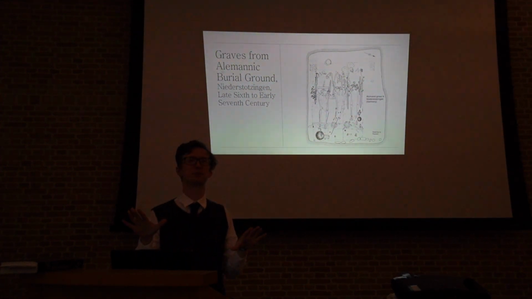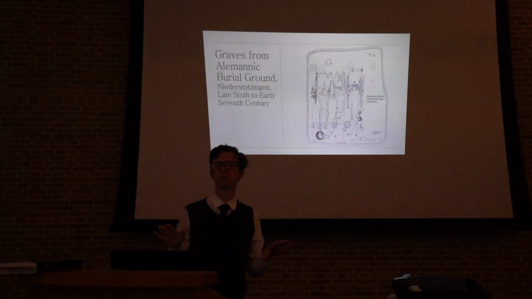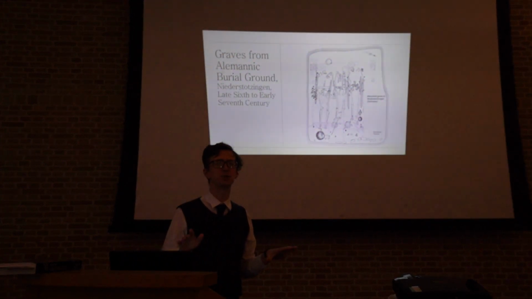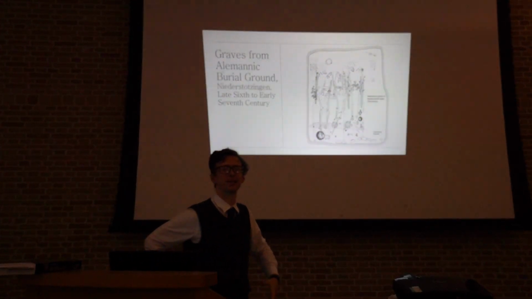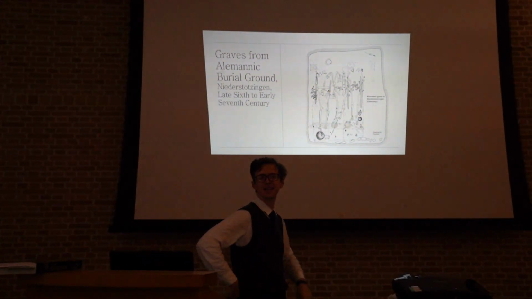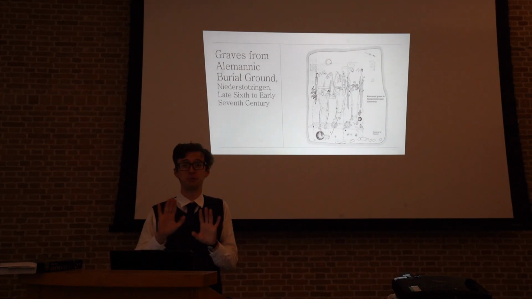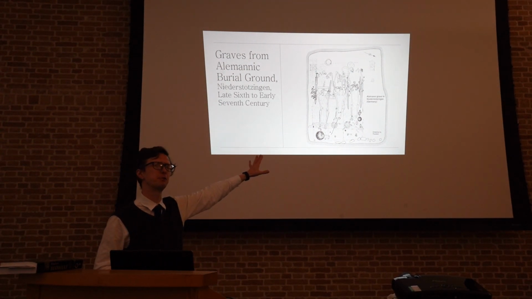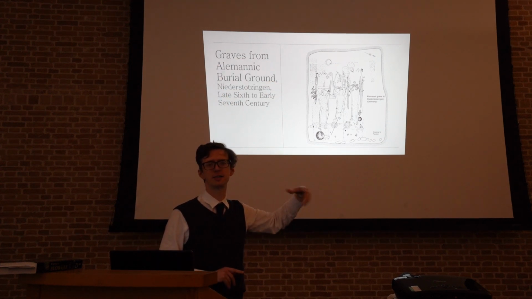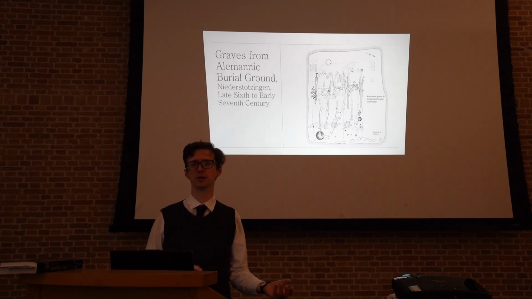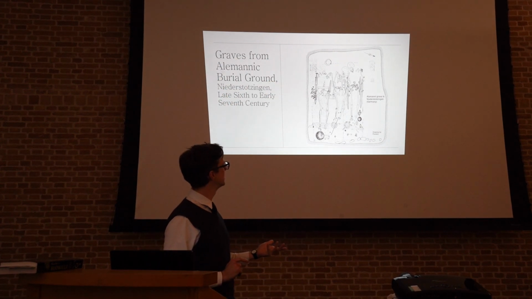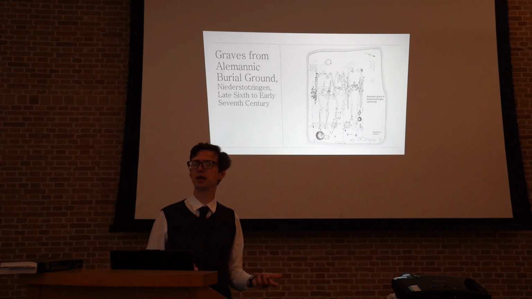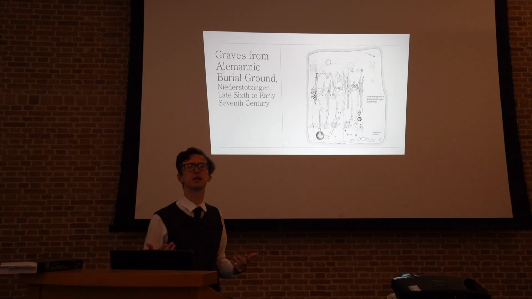Now, I've seen some of the reenactors walking around already today, and I'm sure you're going to come up to me and say, no, I like to wear my sax round the back here so I can draw it out this way. You're probably right. This is how they were arranged in the grave. I don't know if this is a very practical arrangement, but at any rate, they have been arranged around about the hip, as if there is an expectation that they'll be carried on the hip.